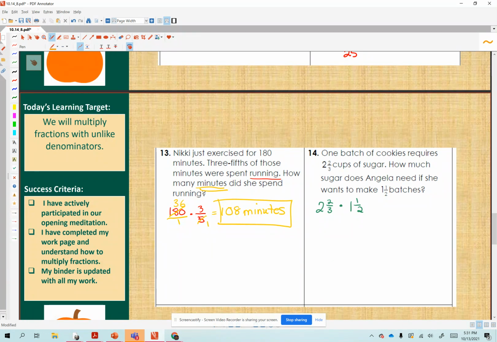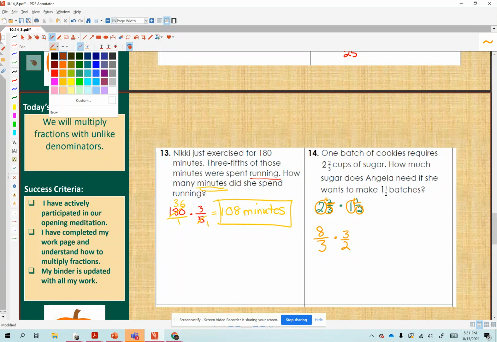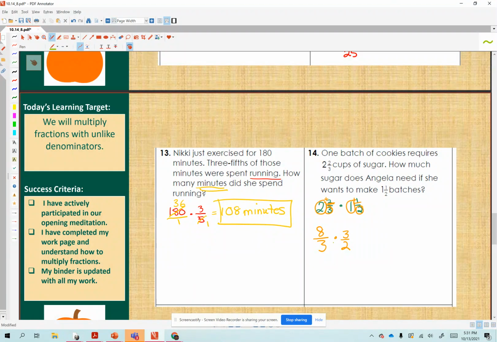Change the color. So 3 times 2 is 6, plus 2 more is 8. So we have 8/3 times 2 times 1 is 2, plus 1 more is 3/2. And immediately I see that I can simplify this quite a bit.